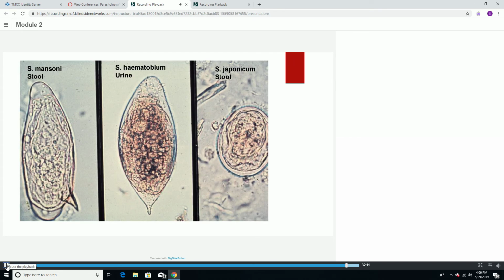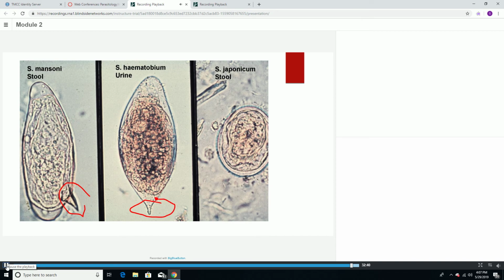So let's just have a look at the next couple of slides because it's a little bit easier to think about these organisms whenever you can see the actual egg. So here we have a Schistosoma mansoni egg, and we see that large lateral spine on the end. And then we have Schistosoma haematobium. This is from a urine sample here, and we see that large terminal spine at the end here.